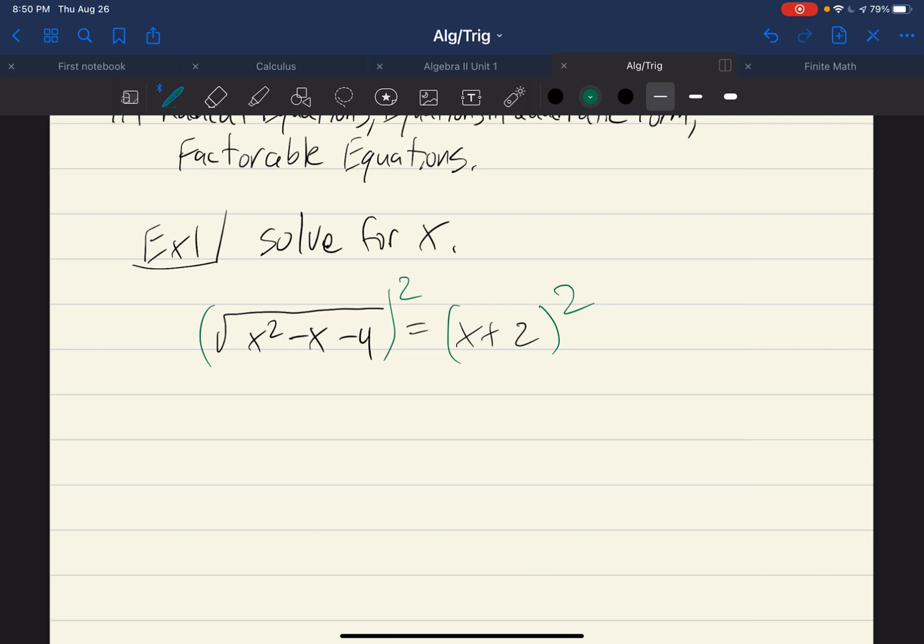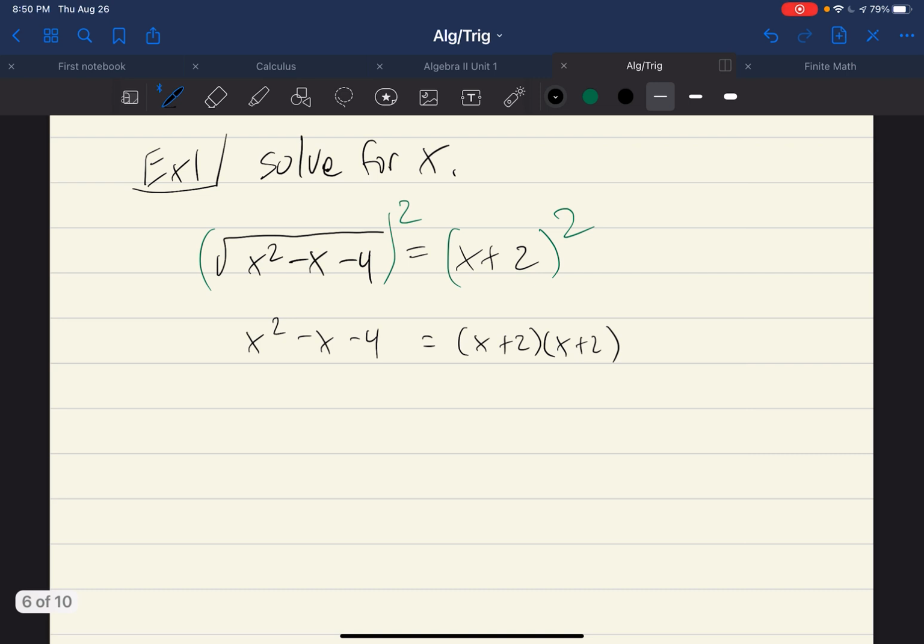All right, continuing on from squaring each side, we get x squared minus x minus 4 is equal to. Now when you square a binomial like x plus 2 squared, always remember to write it down twice. That way you don't think that it's x squared plus 4, because there is that middle term there. Copying this down over here on the left side, and then we start multiplying through.